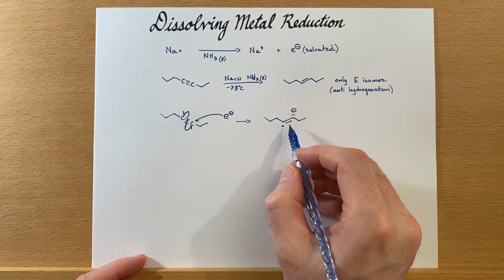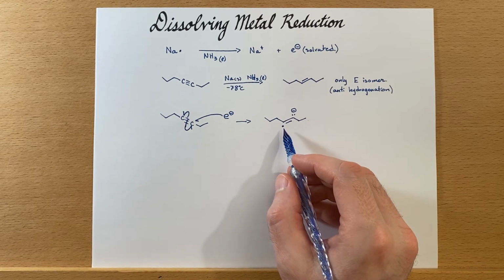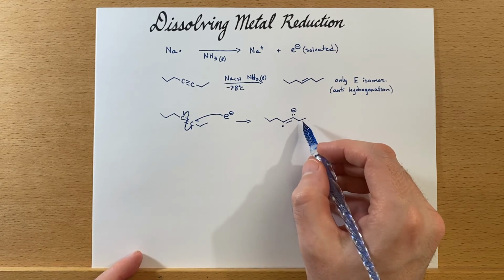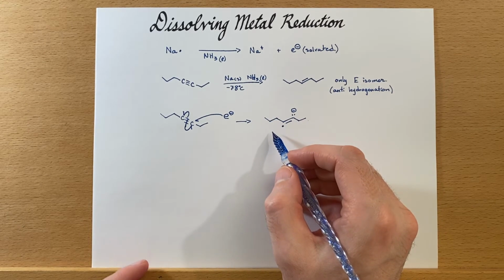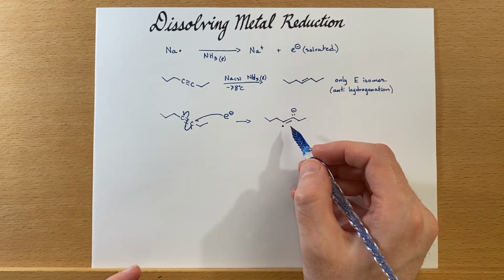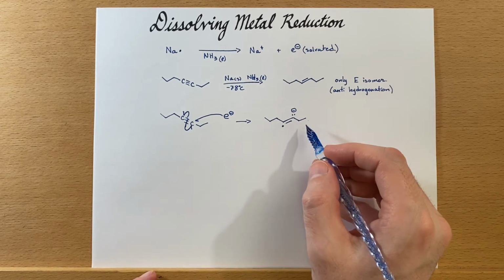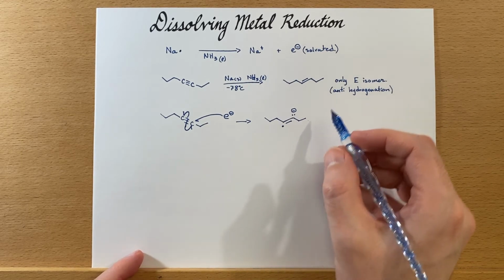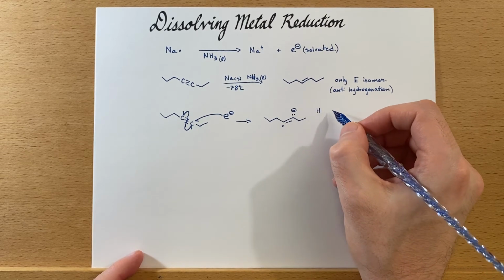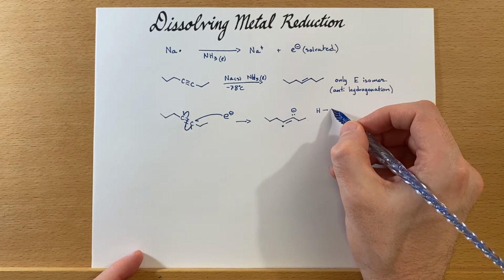Now, it's at this stage that if we were to try to put this in the cis configuration, we would have steric hindrance between this group and that group. So that's why it prefers to go into the trans orientation, because this provides the most amount of room available. Now, our ammonia is going to be our source of hydrogen.